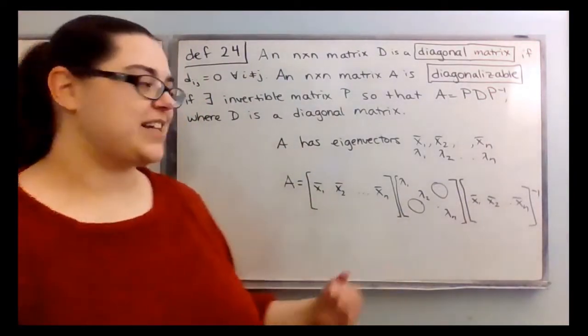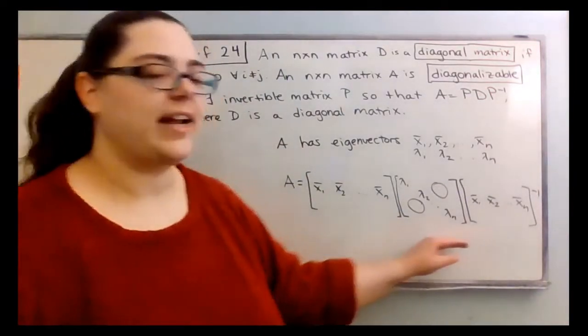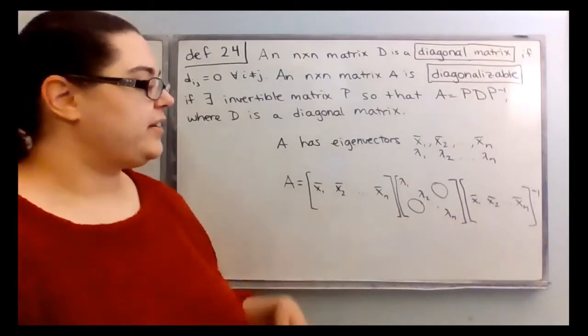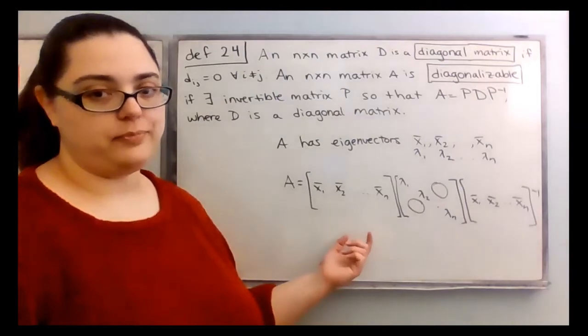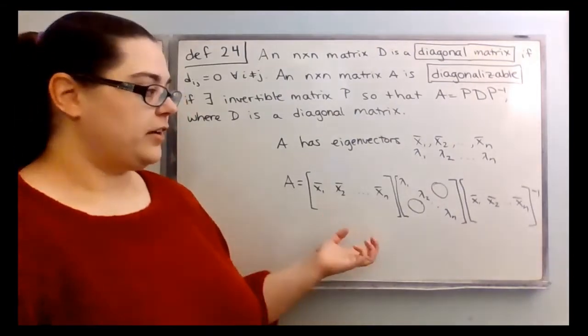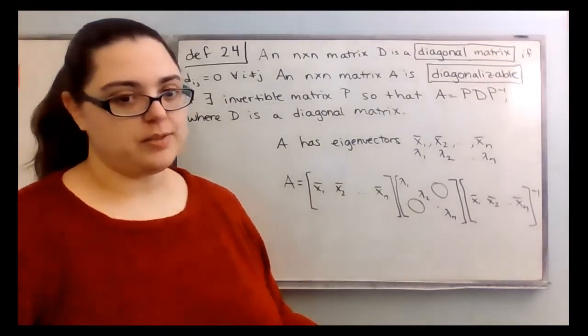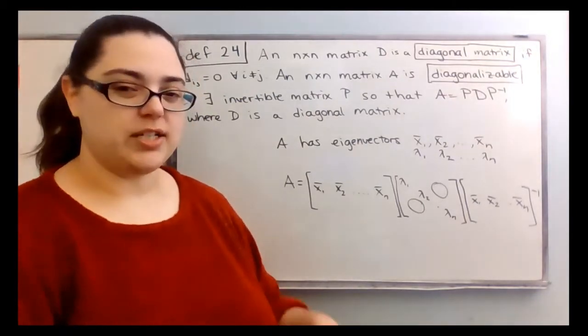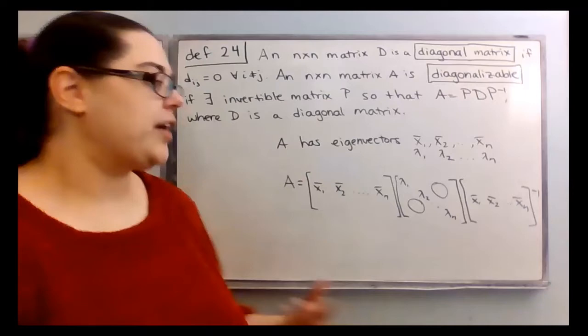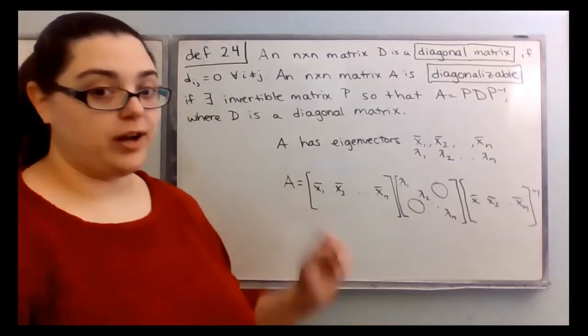So if A is diagonalizable, this is how we can diagonalize it. And if we can't find an invertible matrix out of its eigenvectors, then it's not going to be diagonalizable. So that's actually going to be a thing that helps us out when we try to determine whether or not A is diagonalizable or not.